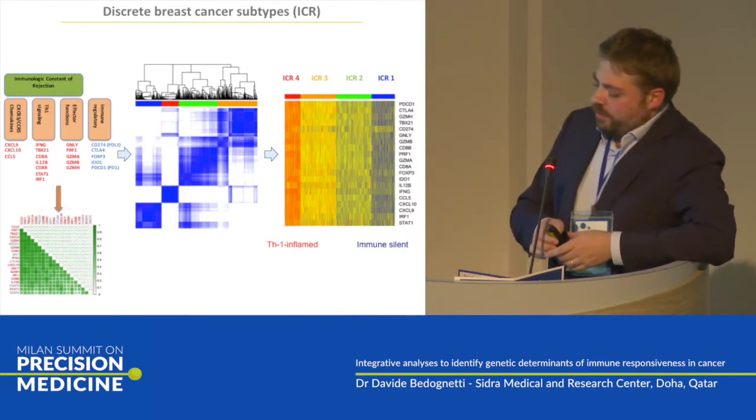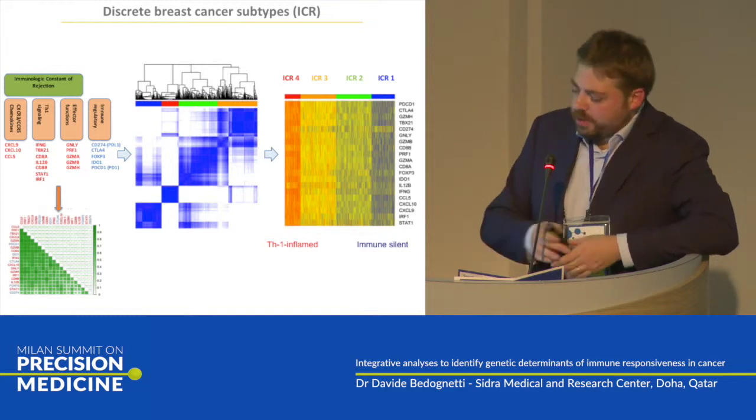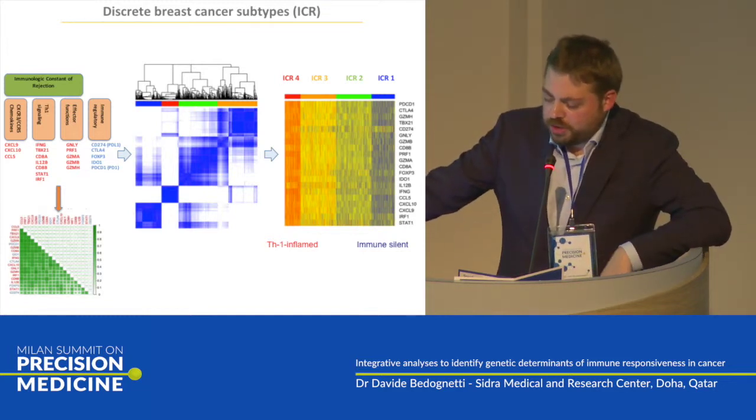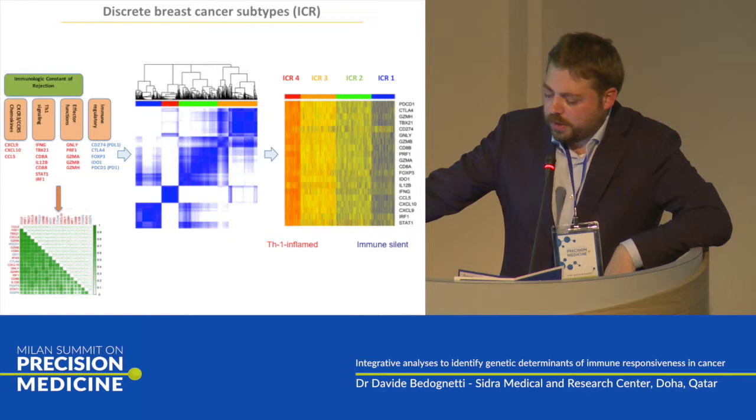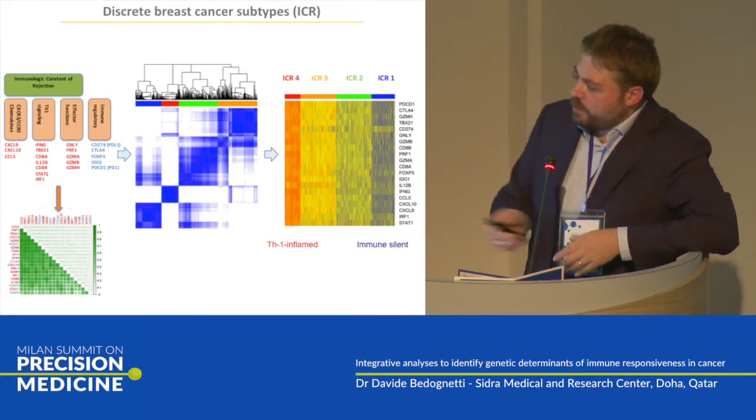So what we did was fairly simple. We started with the ICR gene list, a list of 20 genes that heavily correlate with each other.